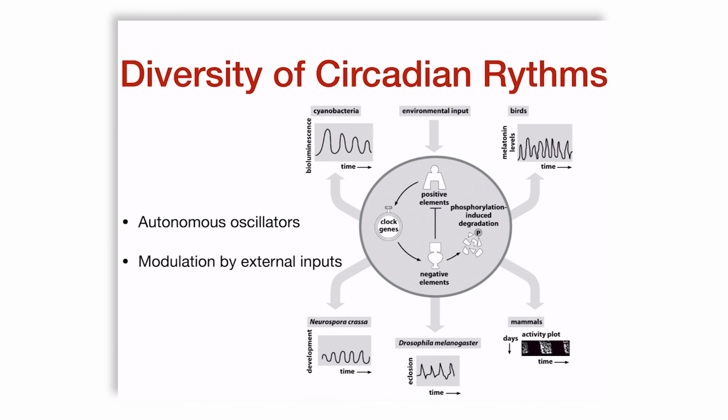Indeed, there is a diversity of circadian rhythms from cyanobacteria to birds to mammals to Drosophila to Neurospora, and the time and nature of the cycles and mechanisms are different, but they all seem to have a positive component, a negative component, and either degradation or phosphorylation, and there is a connection with clock genes. So it would seem that timescales in cellular life are set by very similar conceptual maps.